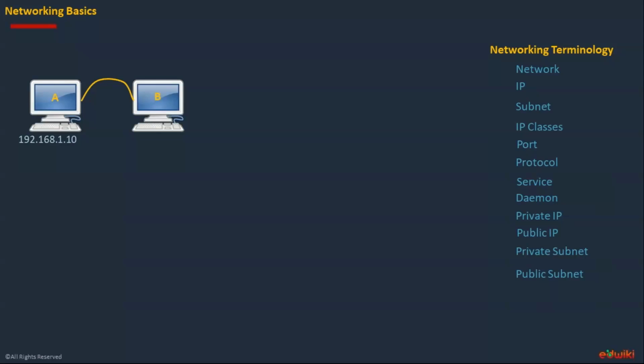In this case, if server A wants to send some information to server B, in order to identify server B, server B must be configured or bound with one number. That number is called an IP address. So the IP address is the numerical identification number configured for each server, and it is used by the other server in order to identify and contact that particular machine.